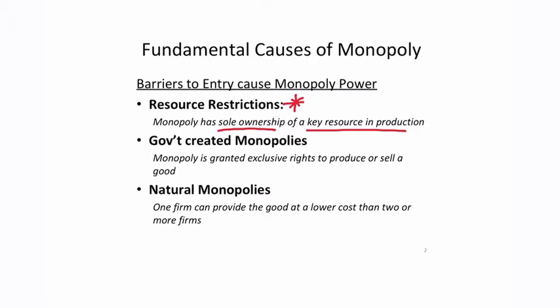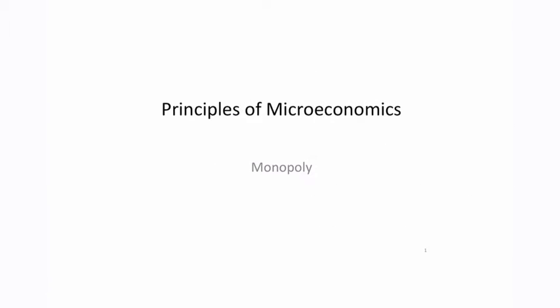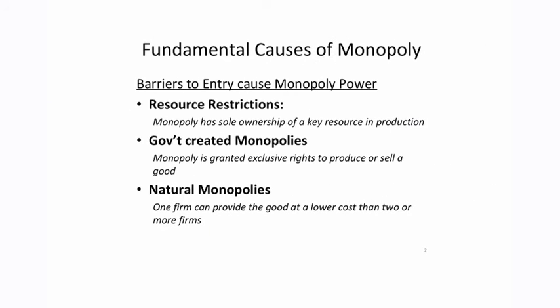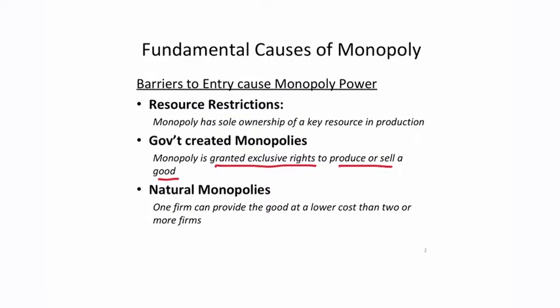Another type of monopoly is what we call a government-created monopoly. And here, the monopoly is granted exclusive rights to produce or sell a specific good. Usually, this is related to contract laws, property right laws, copyright laws specifically, or patent laws.